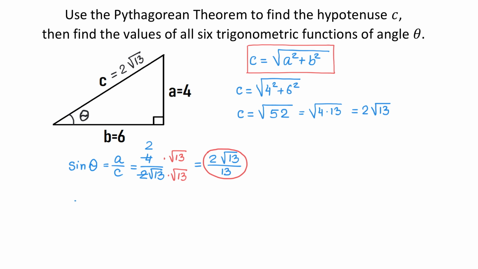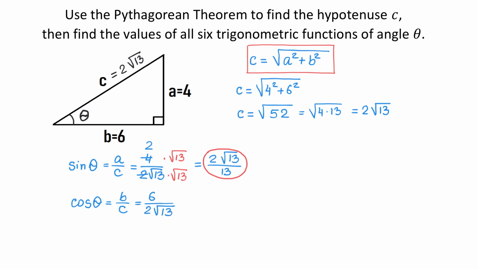Now let's find cosine of theta. By definition, cosine of theta is the adjacent side divided by hypotenuse, and that is b over c. Then b will be replaced with 6 and c with 2 square root of 13.